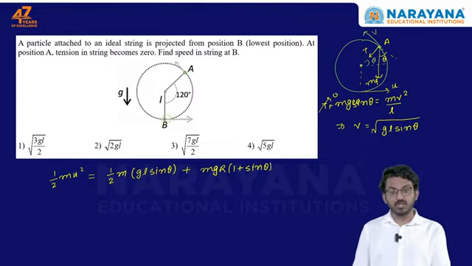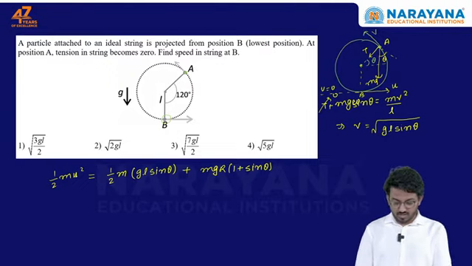So initially we have kinetic energy only, and finally we have kinetic energy plus potential energy because we have considered the reference at B for gravitational potential energy. Solving this, we can move on.